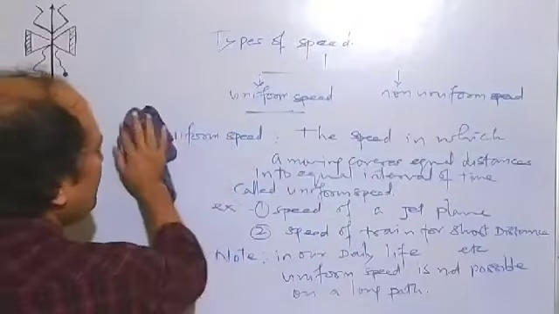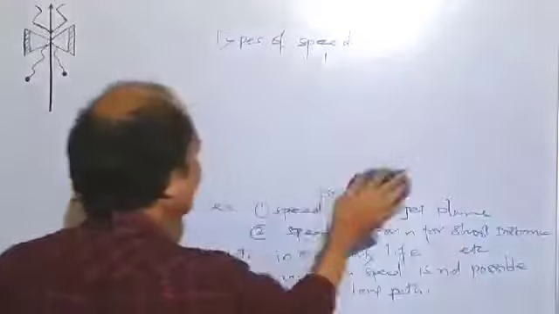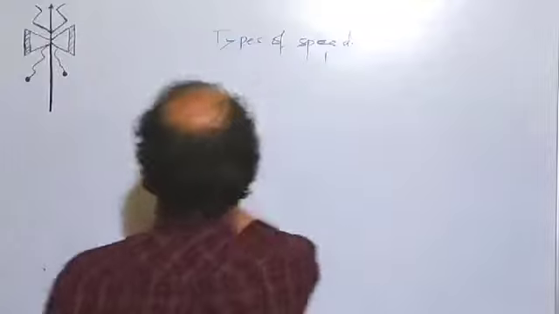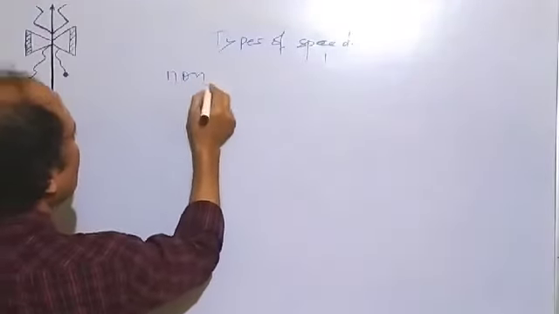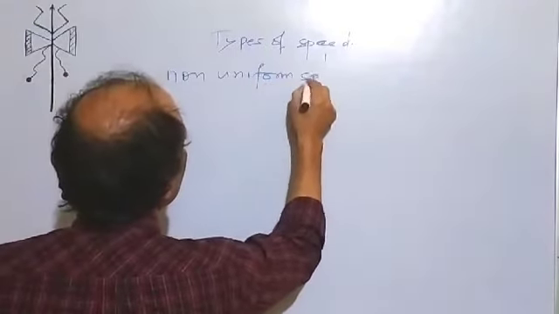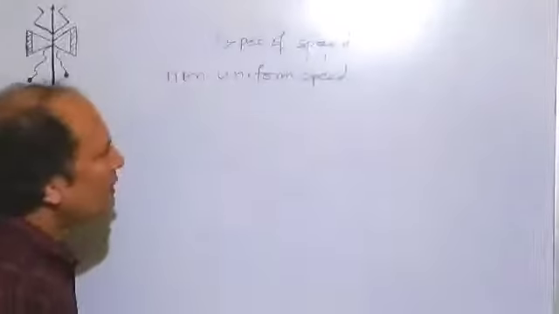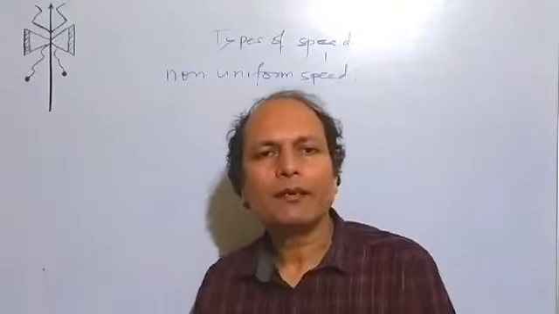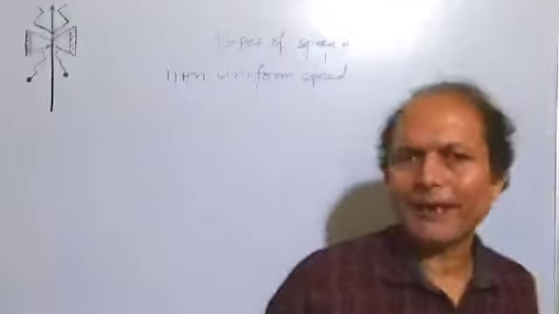Next, after that, I will explain non-uniform speed. Non-uniform speed is speed in which a moving body covers equal distances in unequal intervals of time.